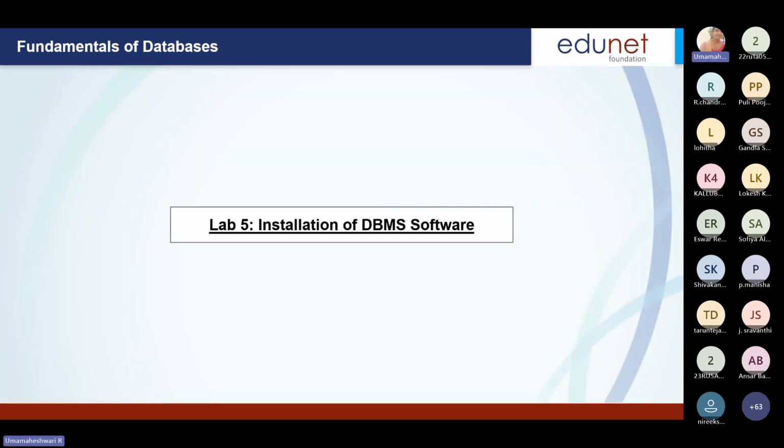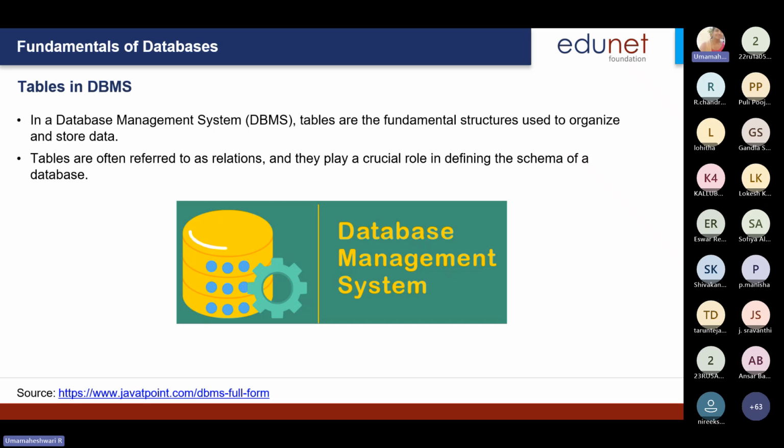Okay, now we know how to create the first database. Now how to create tables in DBMS, that also we know. Tables are the fundamental structures to organize and store the data. Tables are often referred to as relations, and they play a crucial role in defining the schema of a database. Schema is like a logical view of a database.